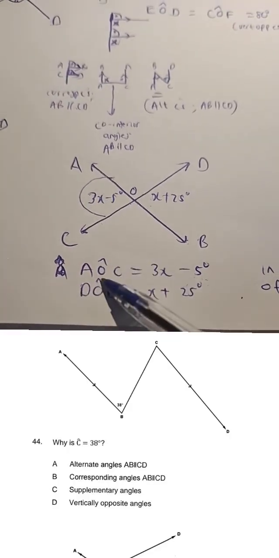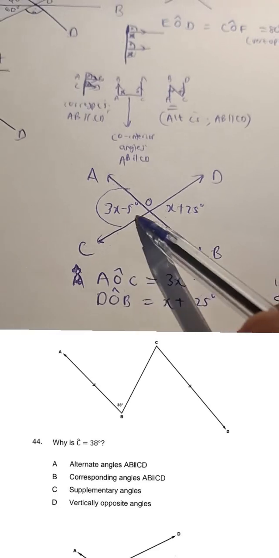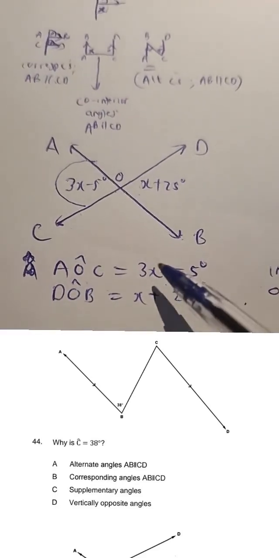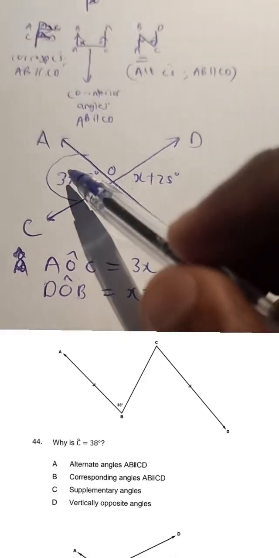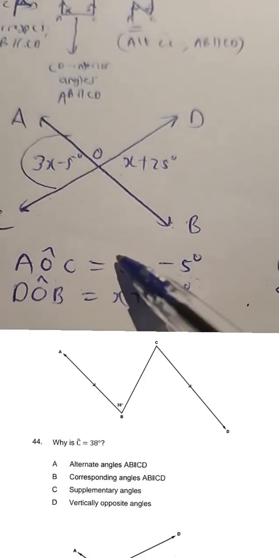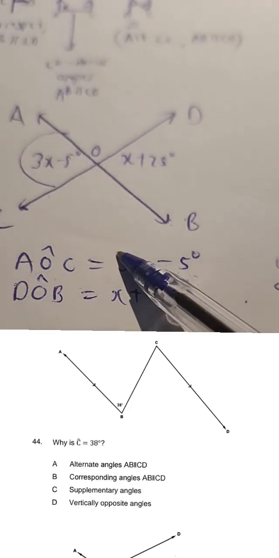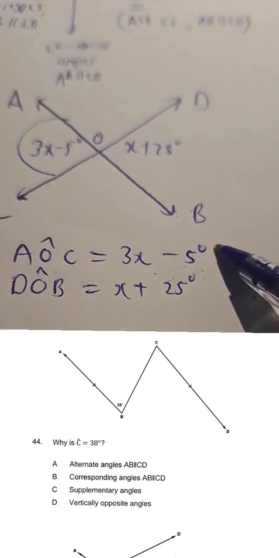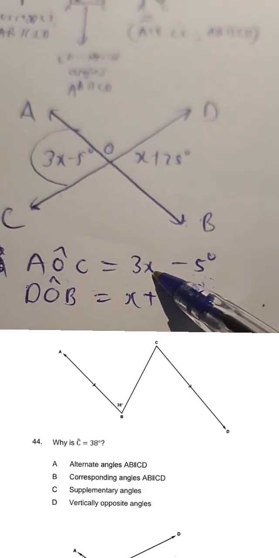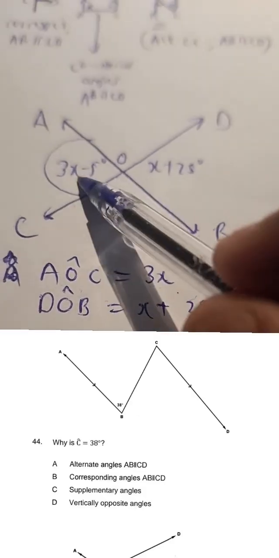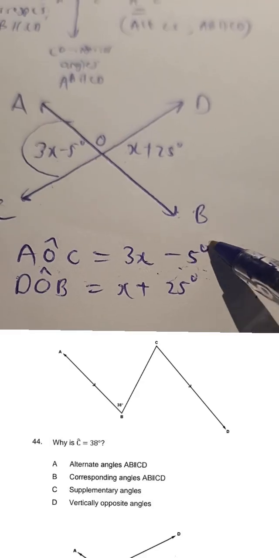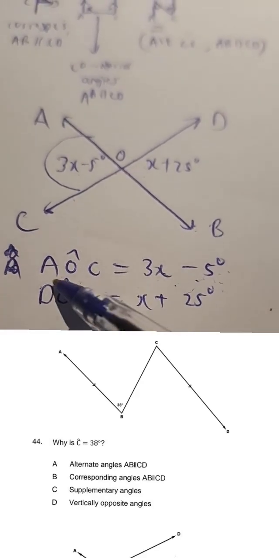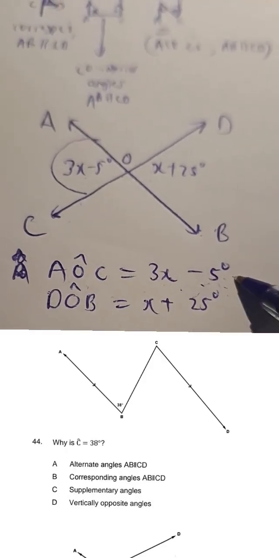If you look at angle AOC as 3x minus 5 degrees, you are looking at an expression. Okay, we are back in algebra now. You are looking at an expression where the first term has 3 and x. It's 3x, right? Minus 5 degrees. How many terms are in the expression? There are 2 terms.